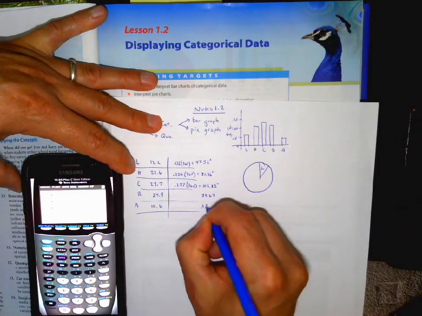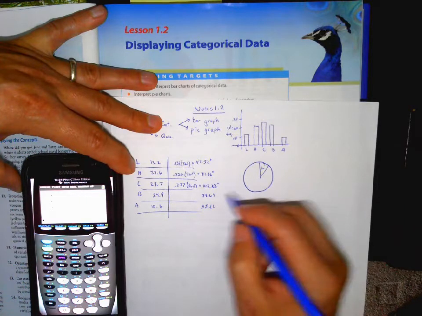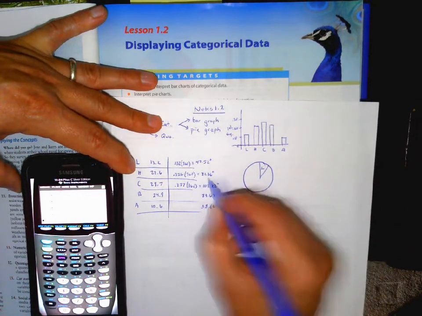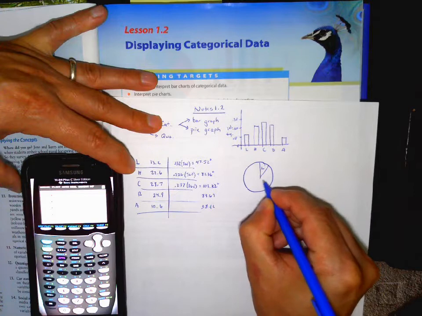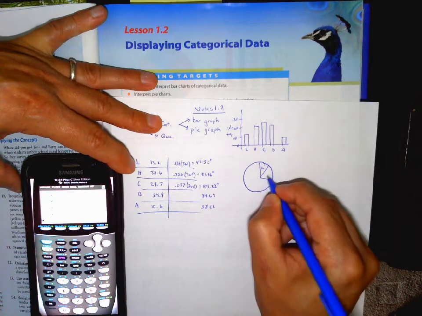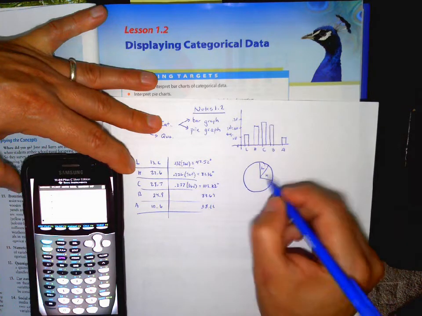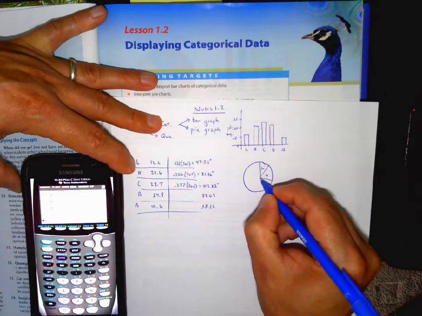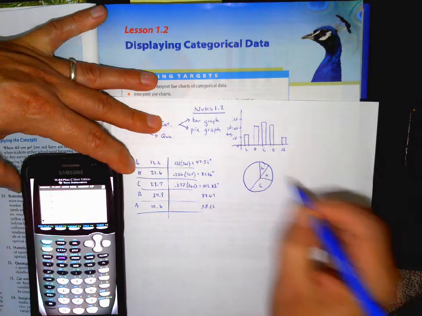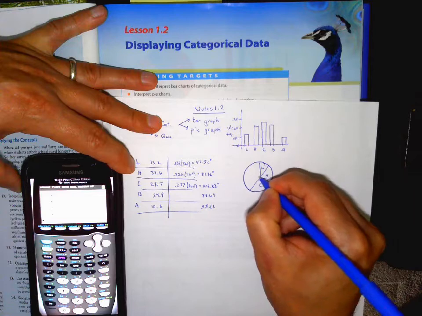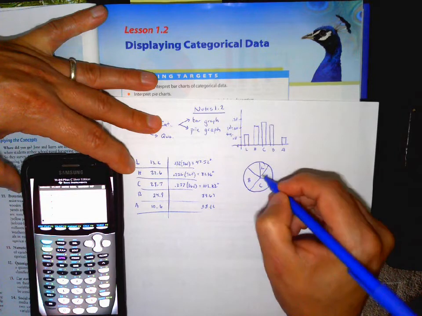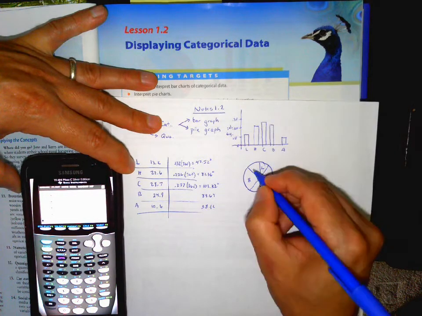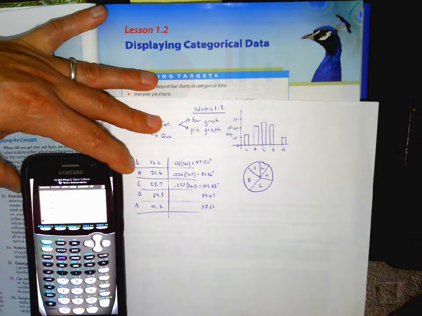This is 38.16 degrees. So I just kind of estimate these in here. 81 would be at about there. That's cool.